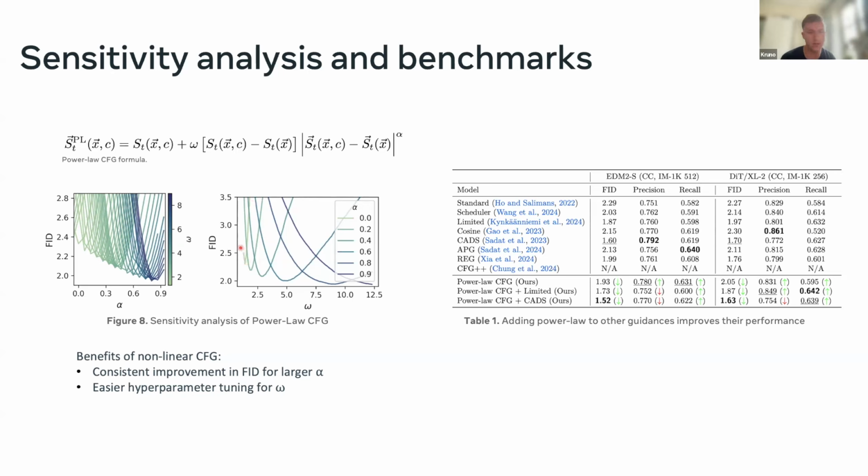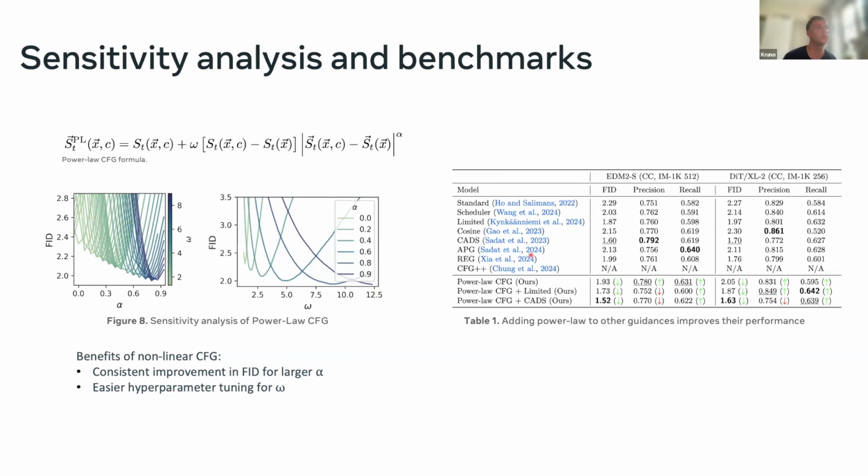What this means is that it's going to be very hard to find the optimal value of omega, because we're going to have to be very careful when we do hyperparameter optimization. But as we increase alpha, not only does the minimum decrease, but this parabola also gets much wider, which is in line with the images we saw before, meaning that small perturbations to omega are not going to have that strong of an effect.